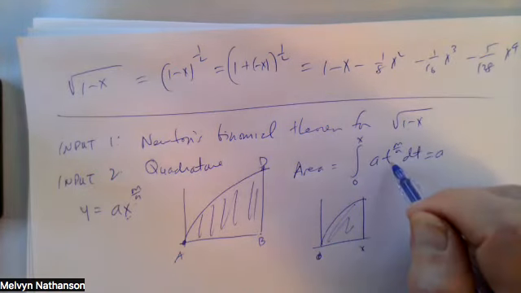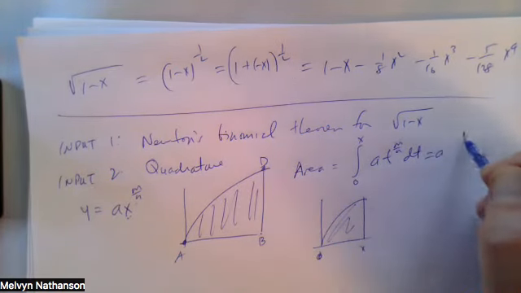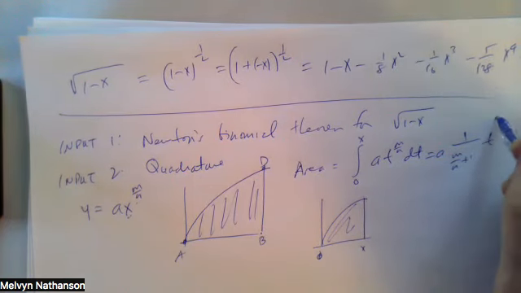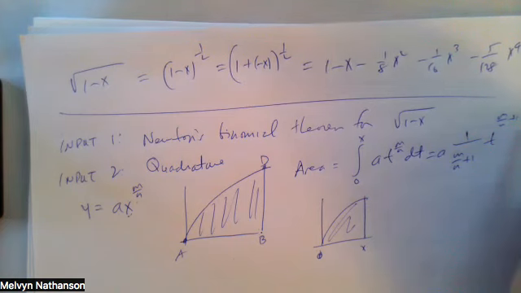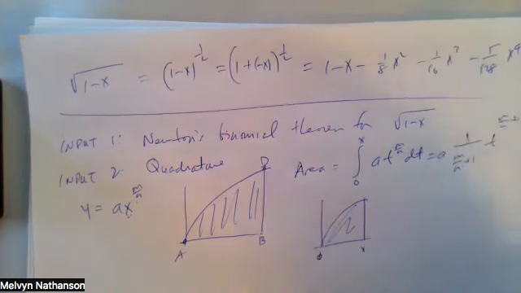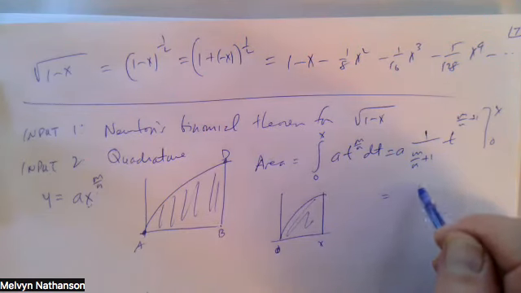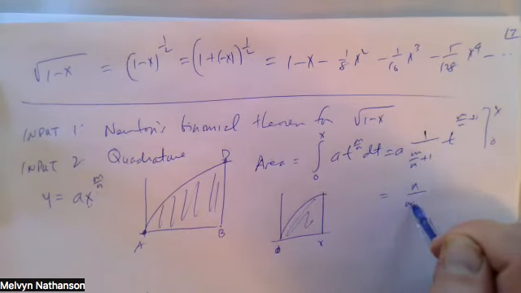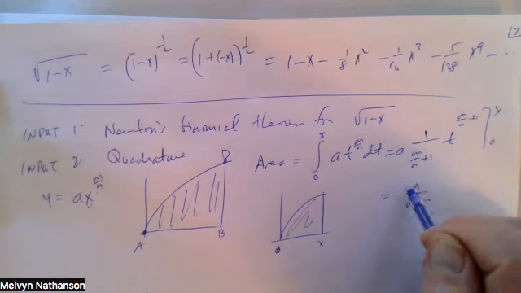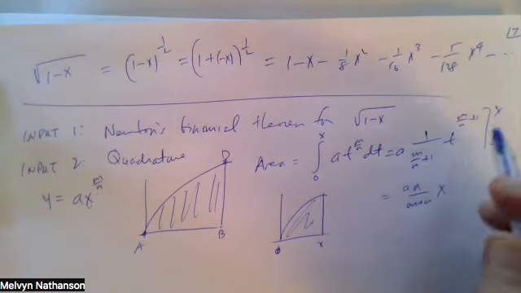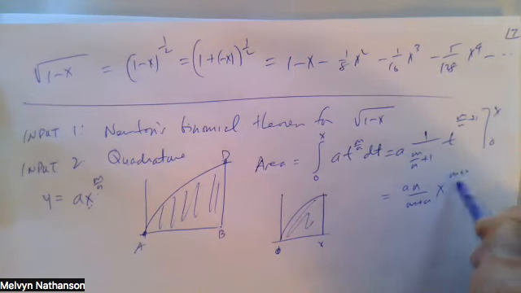That's a times the integral of t to the m over n, which is 1 over m over n plus 1, t to the m over n plus 1, evaluated from 0 to x. Let's see, this is n over m plus n times a, x to the m plus n over n.